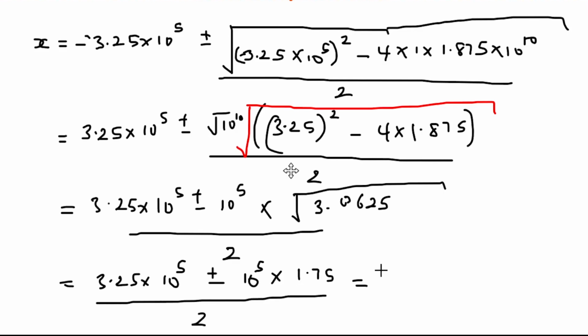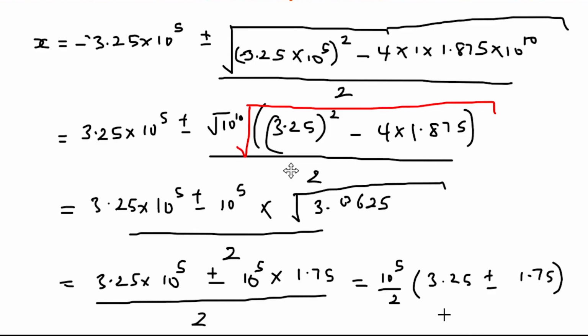If you are to simplify this even further, we can take out the common factor here, which is 10 to the power 5. I'm first dodging the calculator so that I simplify these values. Furthermore, here I remain with 3.25 plus or minus 1.75.